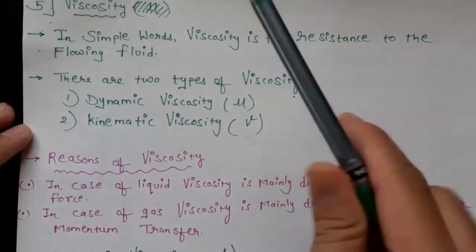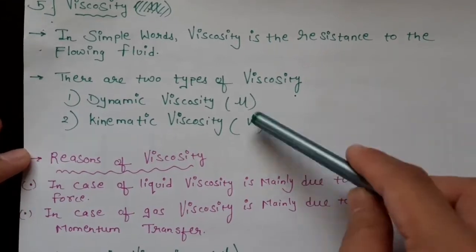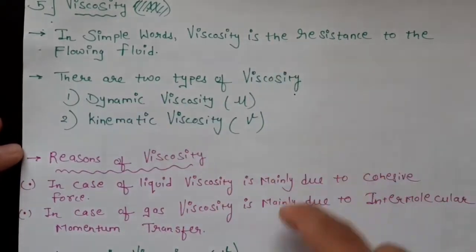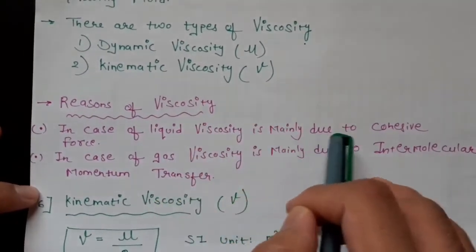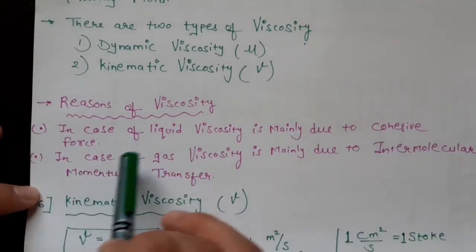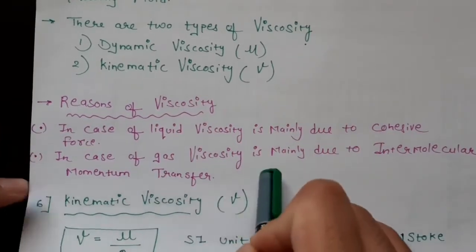Dynamic viscosity is denoted by mu and kinematic viscosity is denoted by nu. Now the reasons of viscosity, that is why viscosity occurs in a fluid. In case of liquid, viscosity is mainly due to the cohesive force. In case of gas, viscosity is mainly due to intermolecular momentum transfer.